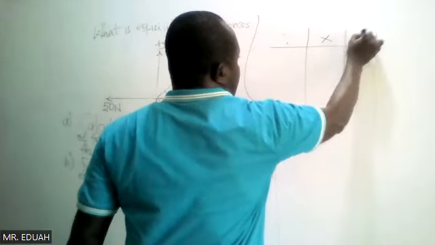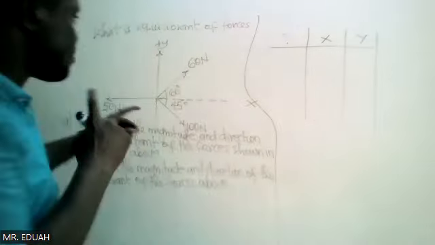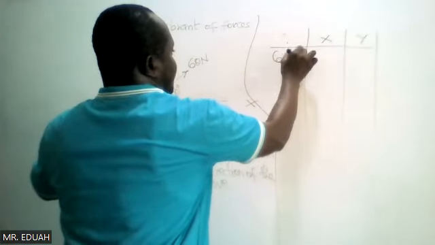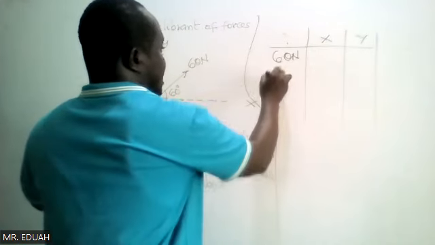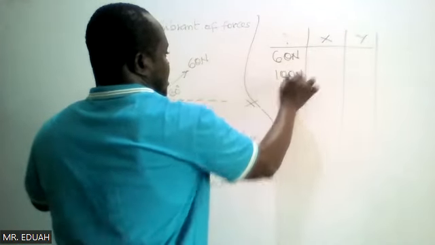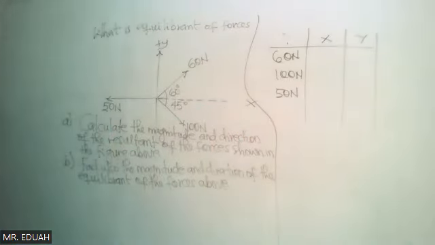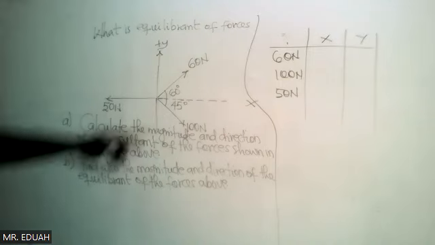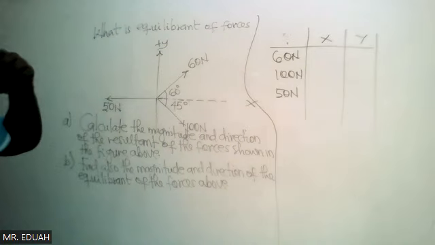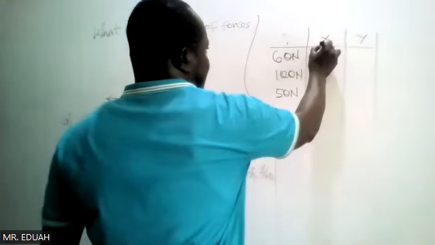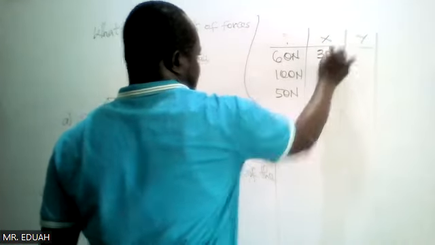X and then Y. If I take this 60 Newton force, the 100 and the 50 Newton. The X component of the 60, since the angle it makes with the X axis is 60, will be 60 cos 60, and that will be 30 Newton.